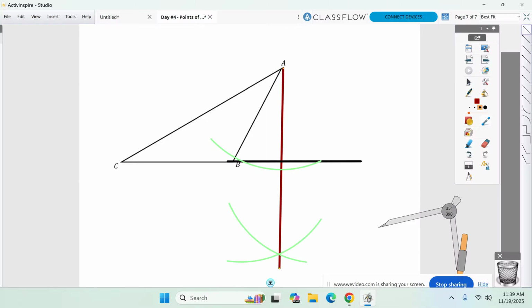There's the one coming from A. There's the altitude coming from A on the outside of the triangle. Okay, finish that up for tonight, please. Last construction.